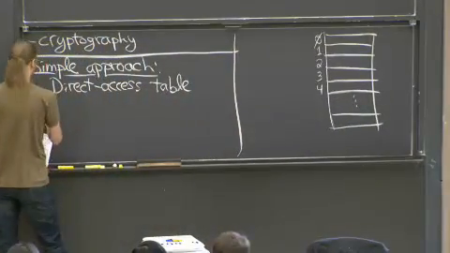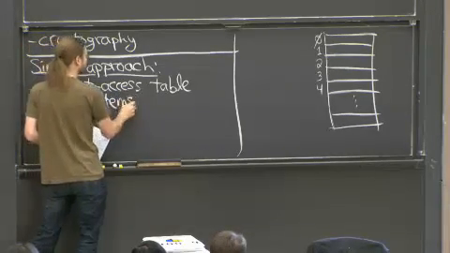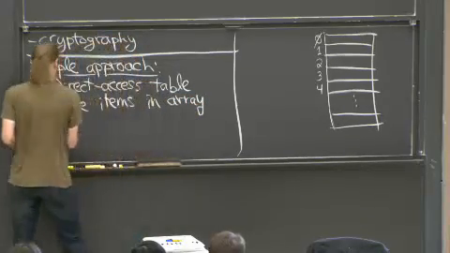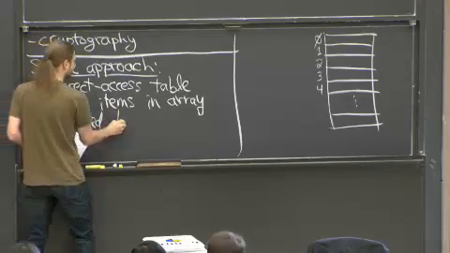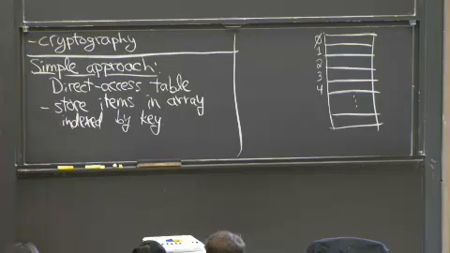So store items in an array, indexed by key. In fact, Python kind of makes you think about this, because the Python notation for accessing dictionaries is identical to the notation for accessing arrays. But with arrays, the keys are restricted to be non-negative integers, 0 through n-1. So why not just implement it that way?